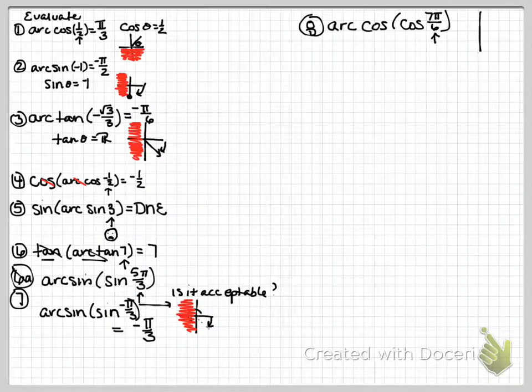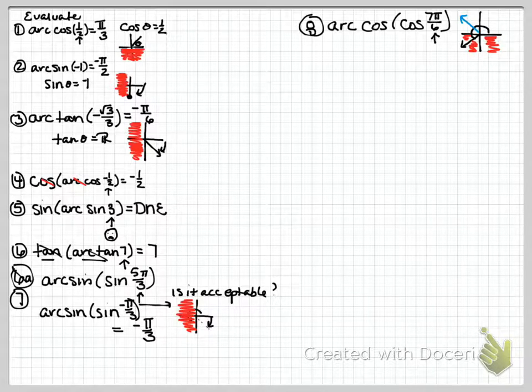So 7 pi over 6 is down here. My no-fly zone for cosine is here and here. So it's in the no-fly zone, so I have to put it in the proper spot. Now the cosine down here in that third quadrant is negative. So I need to put my angle where cosine is negative, and that is up here in the second quadrant.